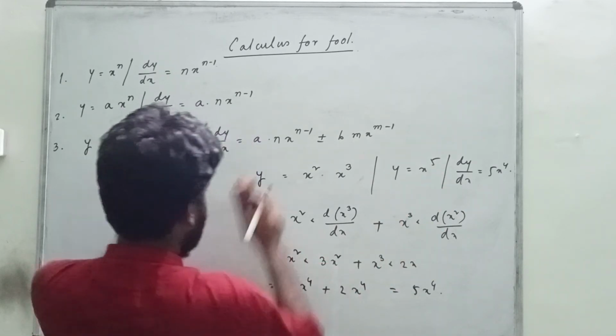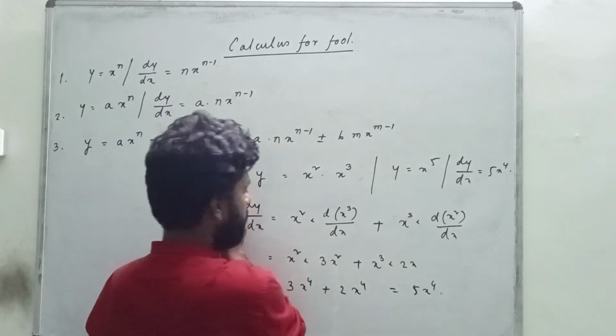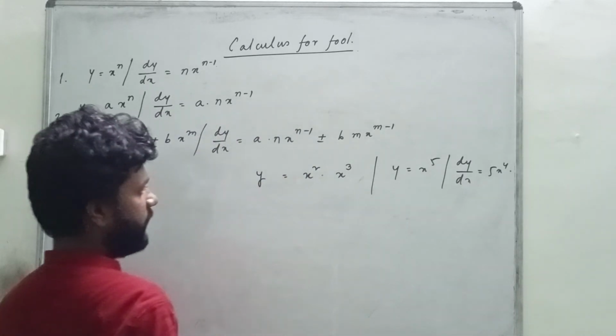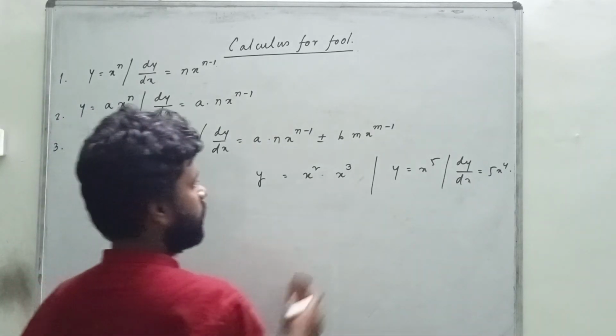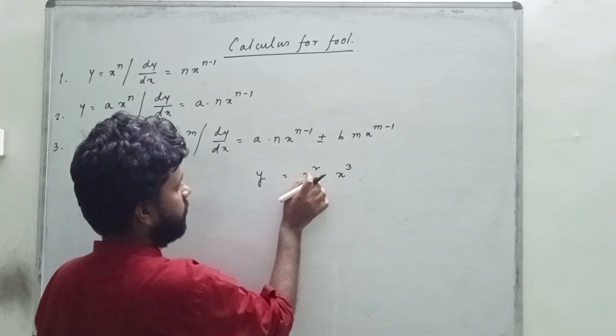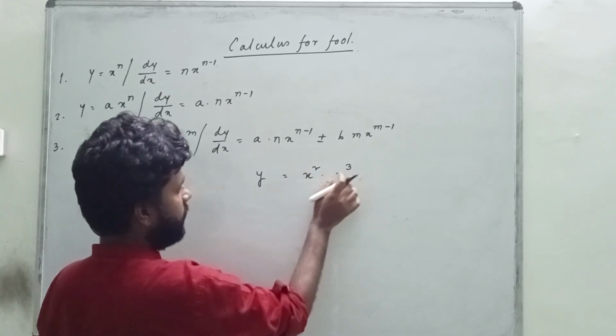So now I will introduce a formula here, the product rule of dy over dx, right? It's the product rule. So I write it with a u and a v, right?